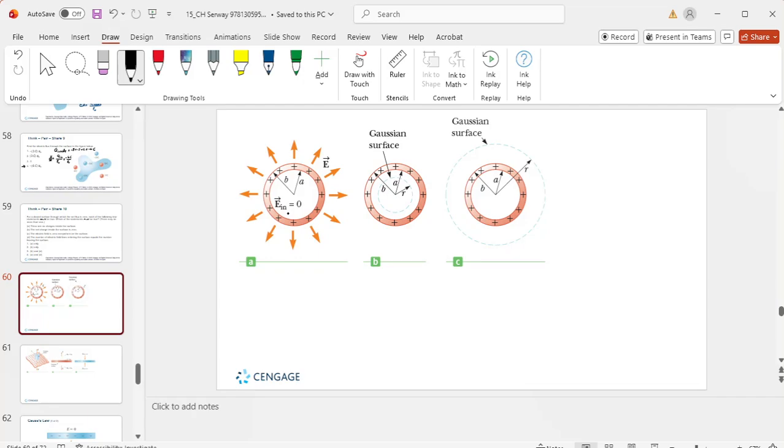If I have a conducting shell with charge on the conductor, and we're going to let the total amount of charge on the conductor be capital Q, if I draw a Gaussian surface inside the shell, there is no charge enclosed or inside that Gaussian shell.